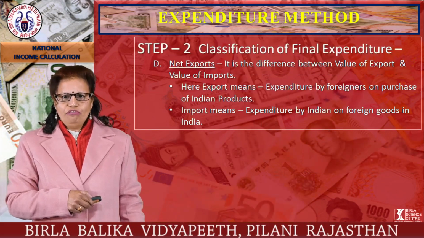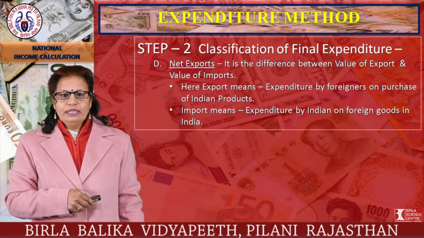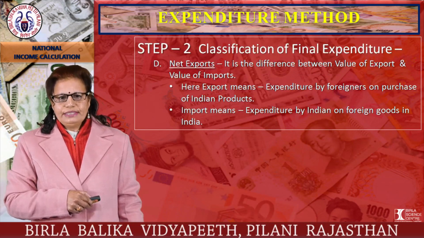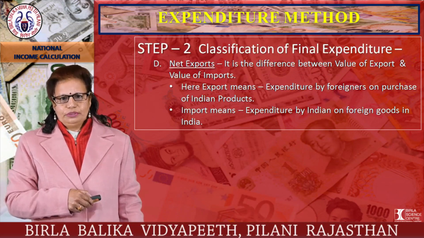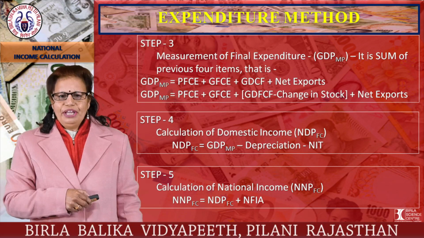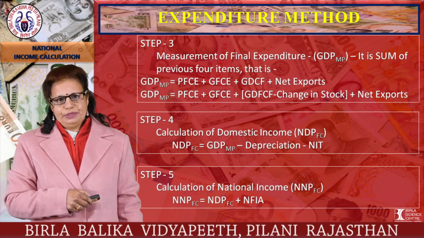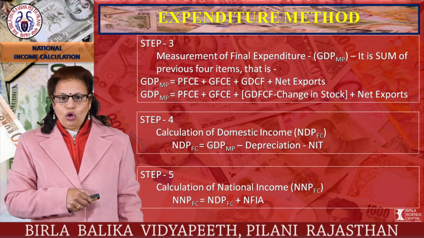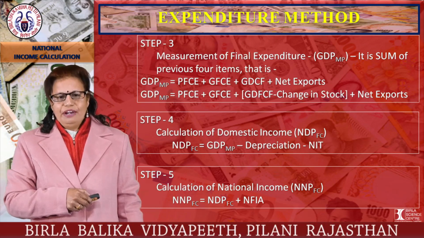Now classification of final expenditure: net exports, that is exports minus imports. In the third step, we are going to add all the items, that is private final consumption expenditure, government final consumption expenditure, gross domestic capital formation plus net exports, and we are going to get GDP at market price.